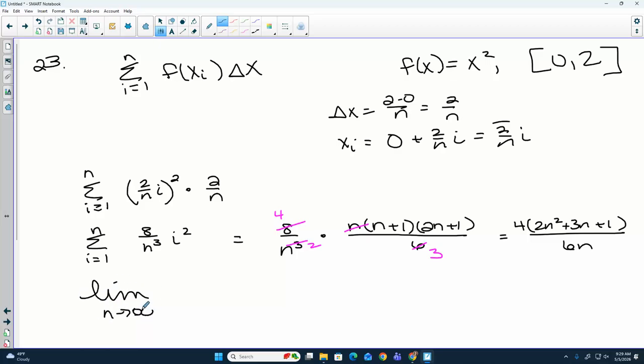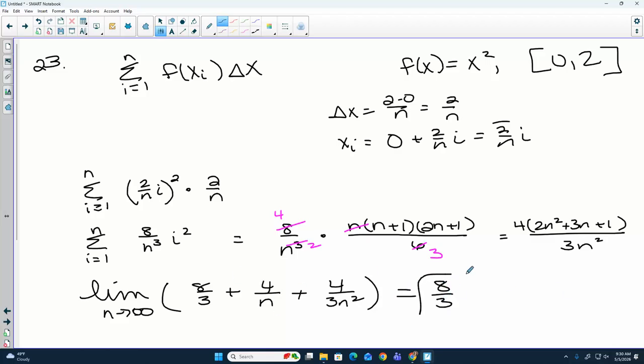No, 6n, that was 3n. Okay, so then if we break that apart, we have 8n squared over 3n squared, so that's 8/3, 12n over 3n squared, so 4 over n, plus 4 over 3n squared. A number over infinity goes to 0, so 8/3 plus 0 plus 0 just gives us 8/3.